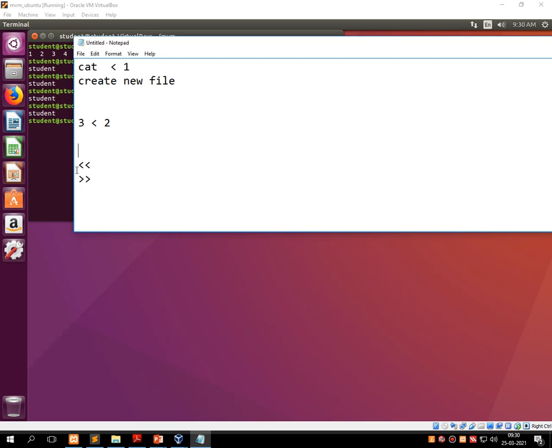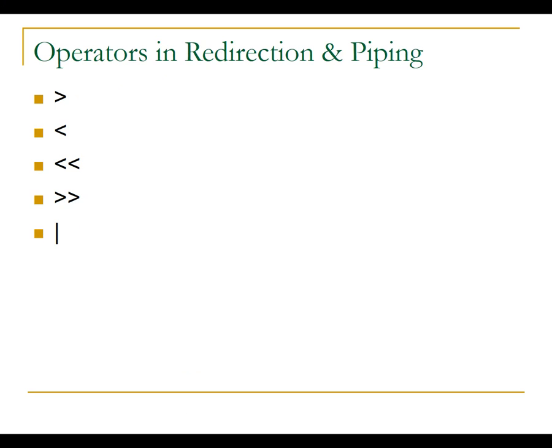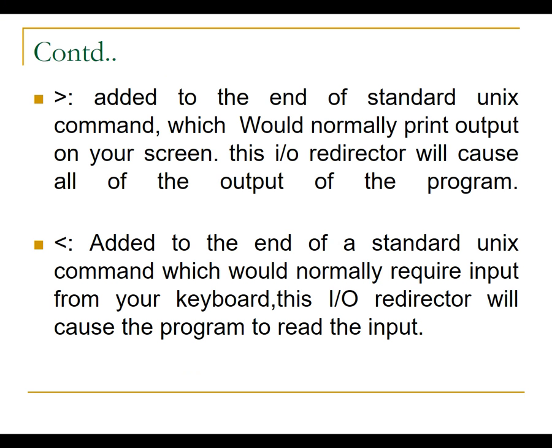Now 2 times less than and 2 times greater than, we'll see theoretically first. But before that, let's revise less than and greater than. Greater than is added to the end of a standard Unix command, which would normally print output onto the screen.